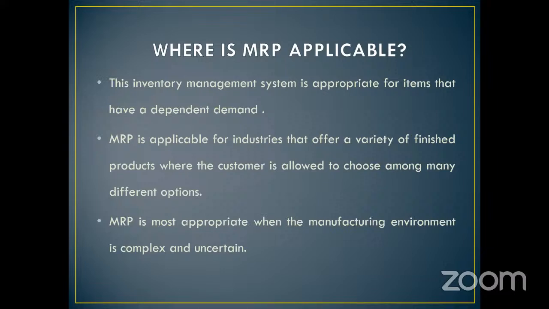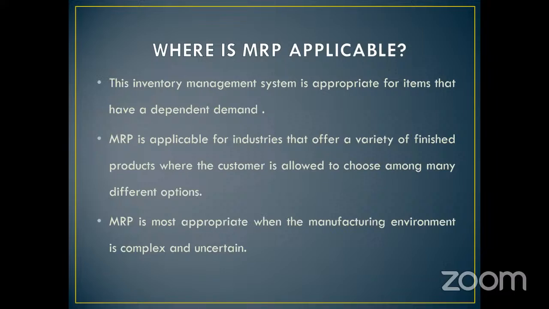So one is the base model, and another part is according to the customization of the product, what type of customer we require, on the basis of changing the assembling part according to the customer's demand. So MRP is the most appropriate when the manufacturing environment is complex or uncertain, where there is uncertain demand. Obviously when there is uncertain demand, you have to make the base.